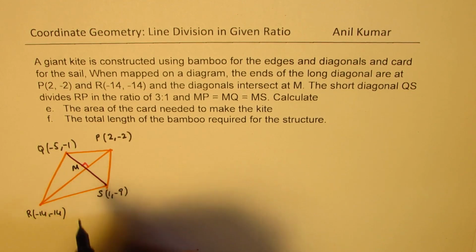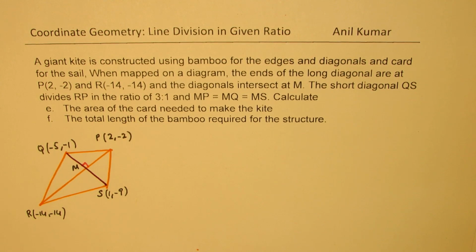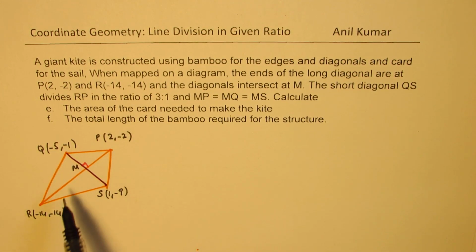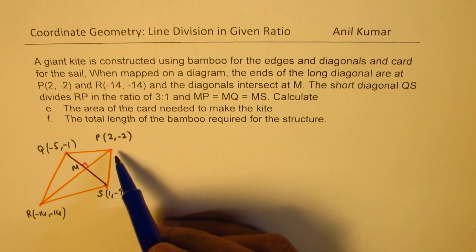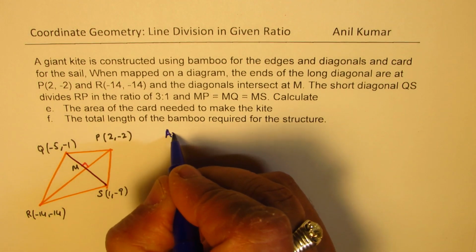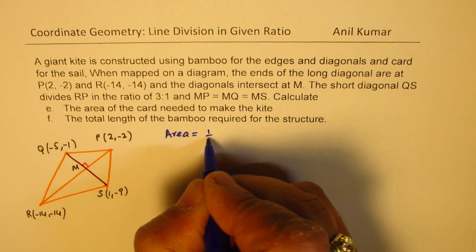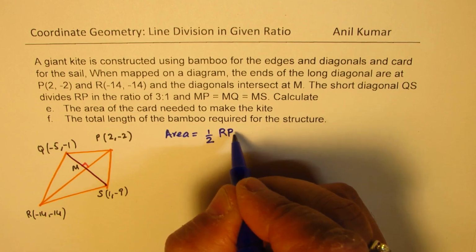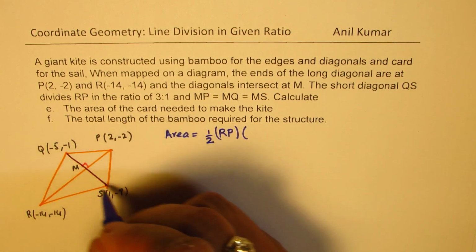We also found M. Now, we need to find the area of the kite. Now, it is interesting to see that the area of the kite is half of the product of the diagonals, right? So let's write area, which is half of RP times QS.